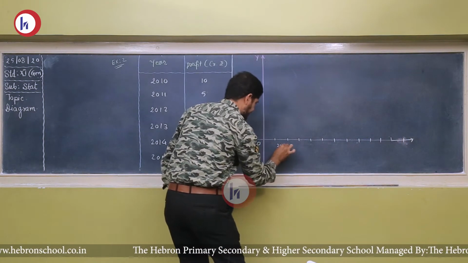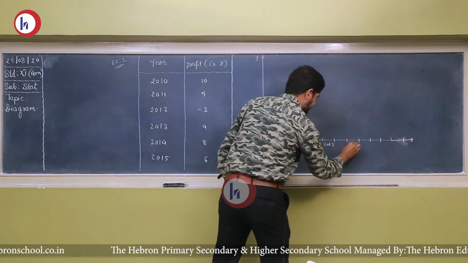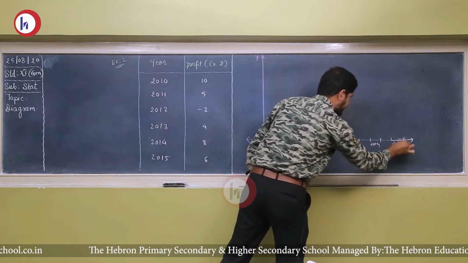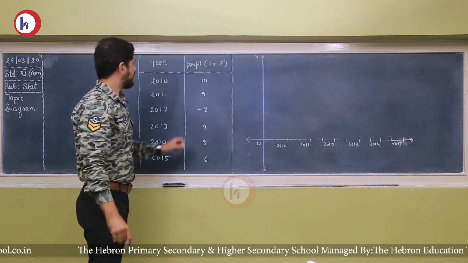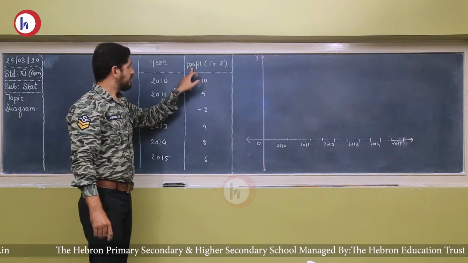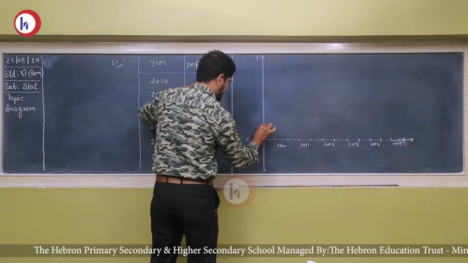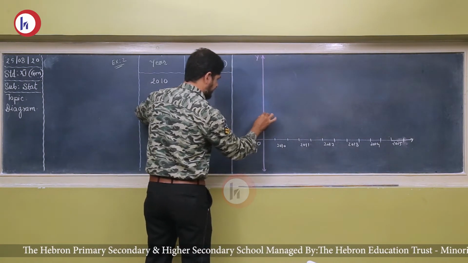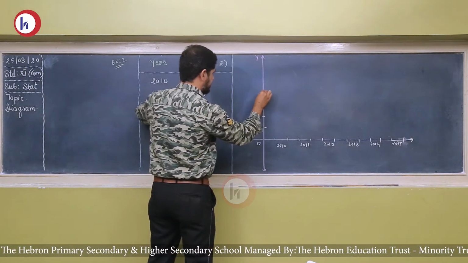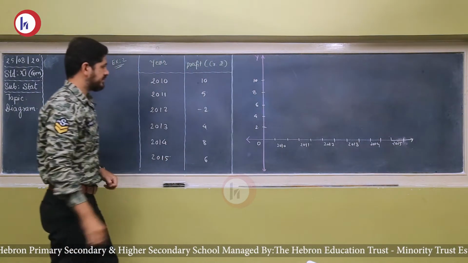So 2010, 11, 12, 13, 14 and finally 2015. Now the highest number in profit, we can see, is 10. So let's take the distance as 2, 4, 6, 8 and finally 10.